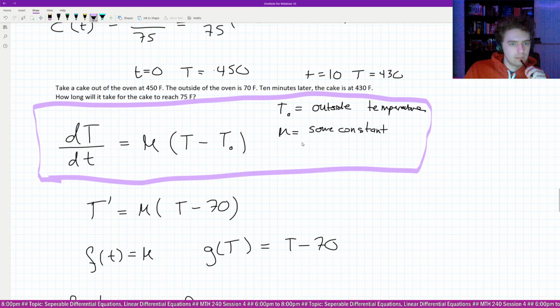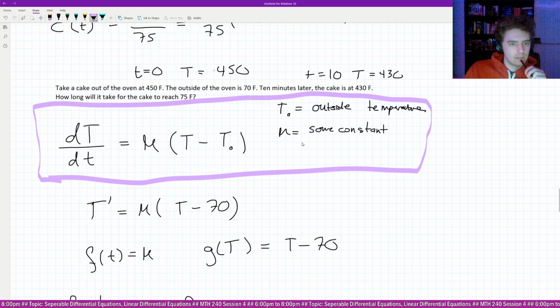I could move it to the other side. I think I'll try that. I'm going to move both of them over, to the same side, so ln of negative 1 over ln 5 plus c equals 0.